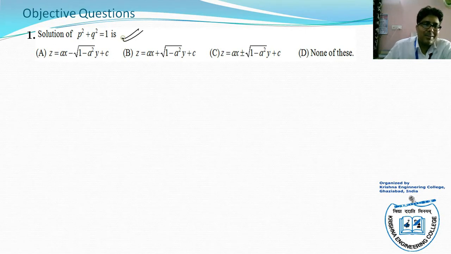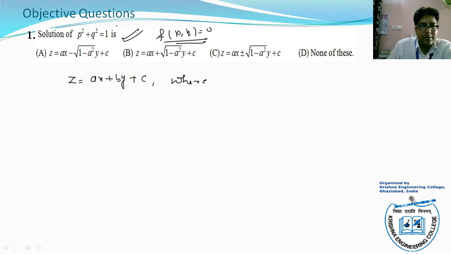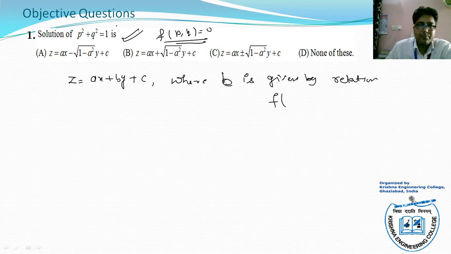This is the particular case of the first form, f of p q is equal to 0. Clear? The solution in this form is z is equal to ax plus by plus c, where b is given by the relation f of a b is equal to 0.